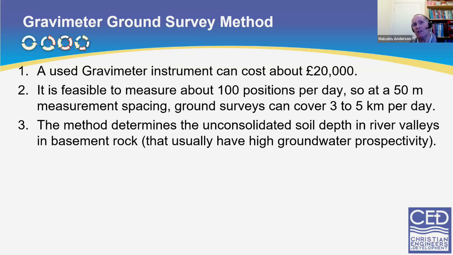But in other locations, the river valley will be very deep, and you may have as much as 50 to 100 meters of sands and gravels, and that's highly prospective. A borehole in those conditions will be highly productive, and the gravity method is one of the ways to determine how thick that cover is.